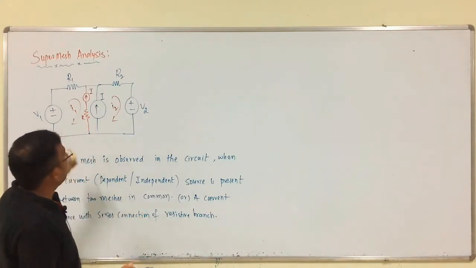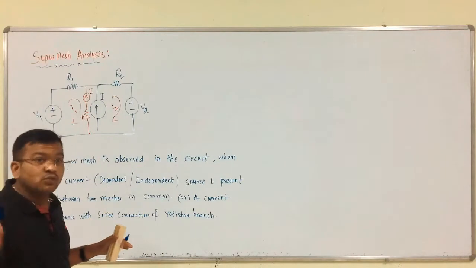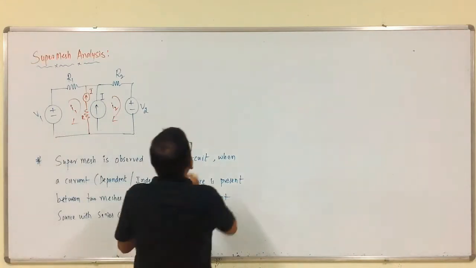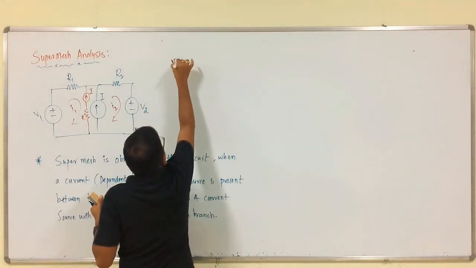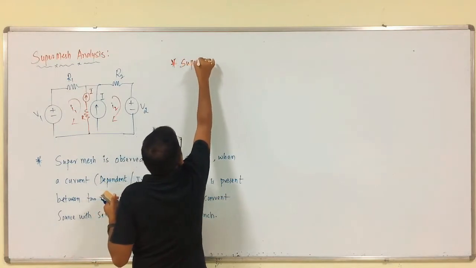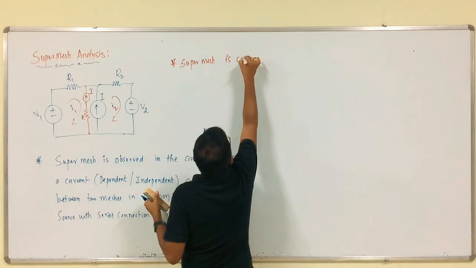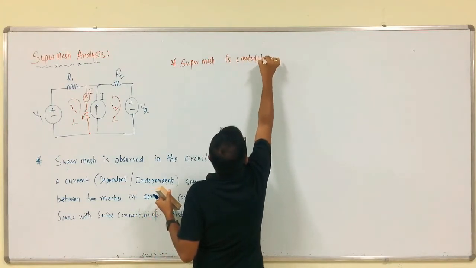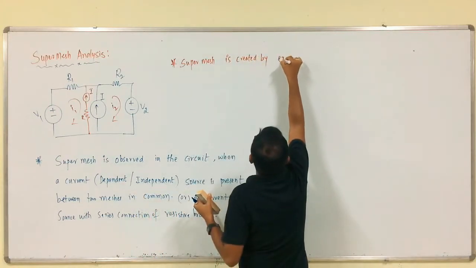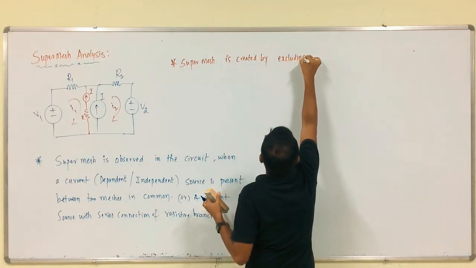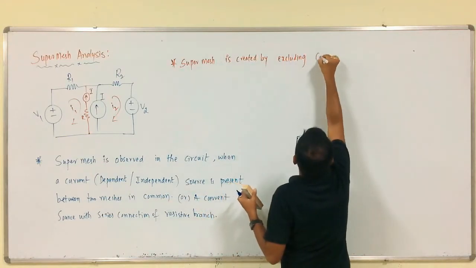Then how can we get the super mesh? We are observing a super mesh. Then how can we get it? A super mesh is created by excluding the current source.